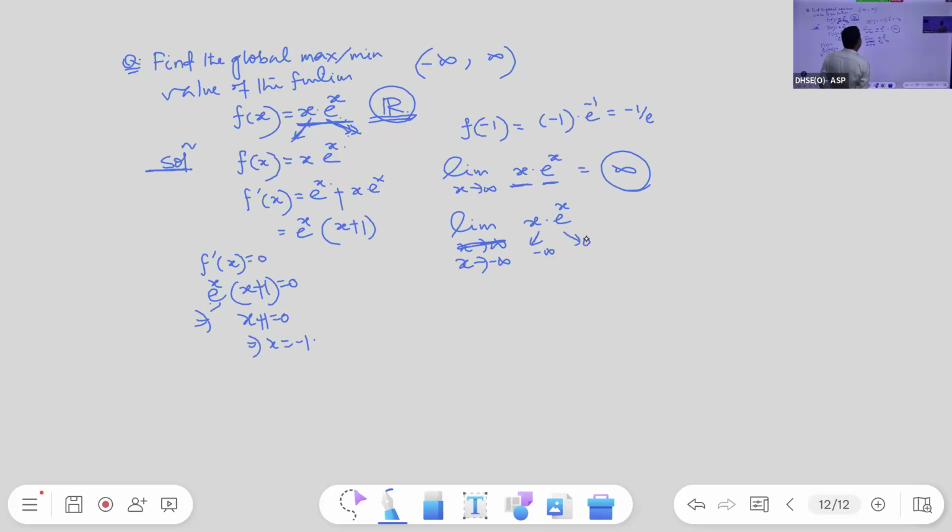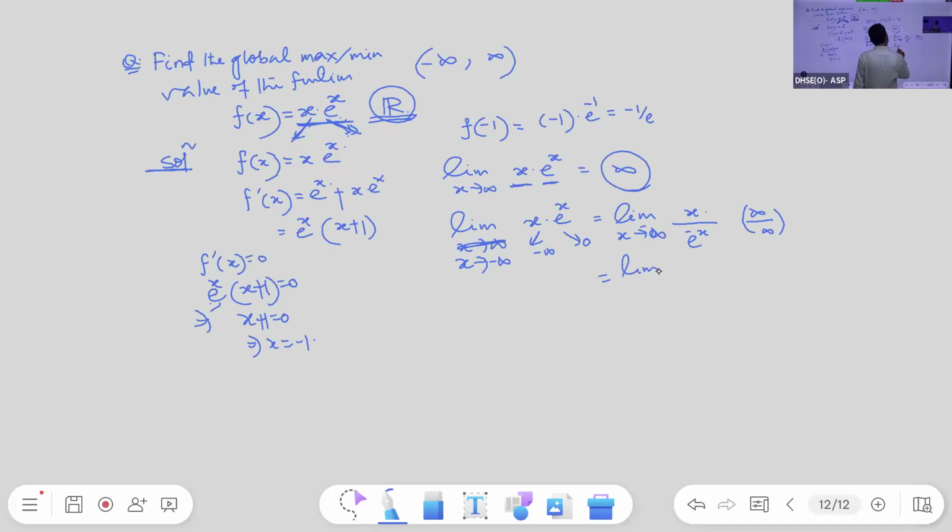So this limit takes the indeterminate form, infinity into 0. Okay. This is equal to limit extending towards -infinity, x upon e power minus x. Now the limit takes the form infinity upon infinity.